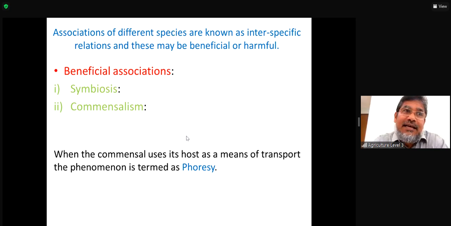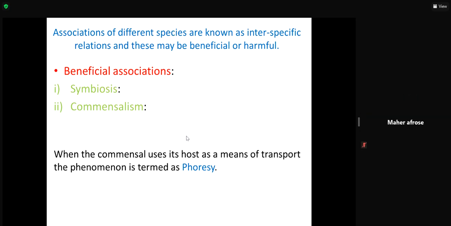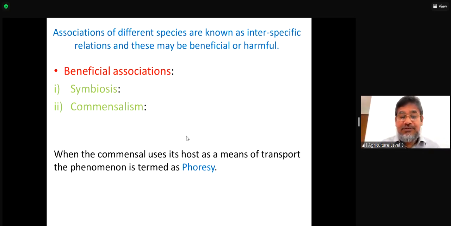The ants can carry the aphids on their back from used up plants to healthy plants. So again, the aphid will start taking its food from the healthy plants. So this is one helping the other. This type of interaction is called symbiosis. So this is called beneficial association.